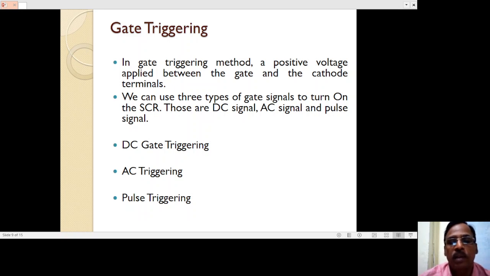In the gate triggering method, we need different circuits: the R triggering circuit, known as the resistance triggering circuit; the RC triggering circuit, the resistance capacitor triggering circuit; and the UJT triggering circuit, which is a pulse triggering circuit. These are the most common methods of triggering.